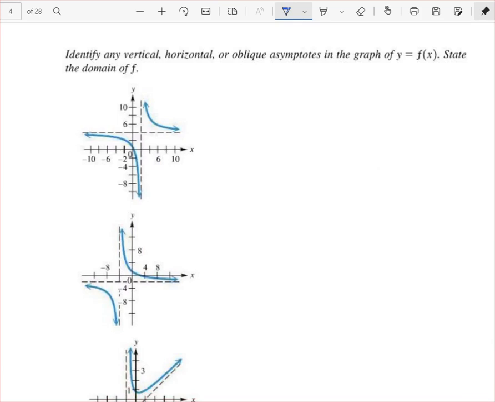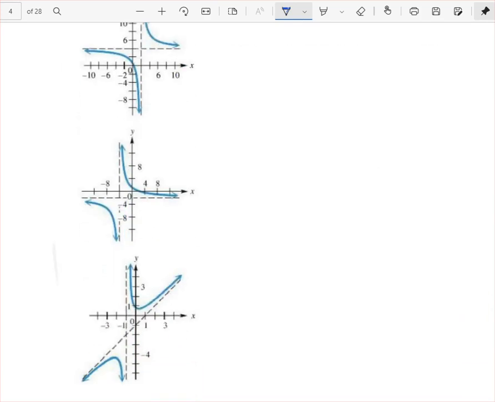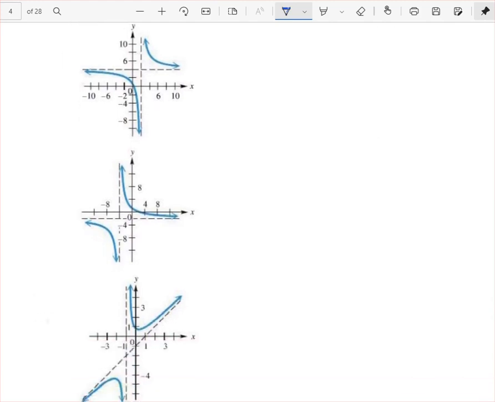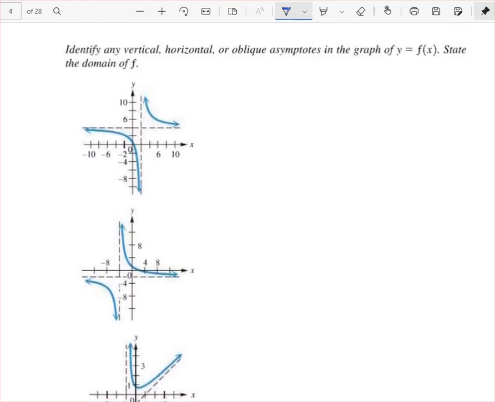Identify any vertical, horizontal, or oblique asymptotes for the graph. On this one, I'm going to call VA for vertical and HA for horizontal. The vertical asymptote is this one, so it would be at x equals 2, and the horizontal is y equals 4.